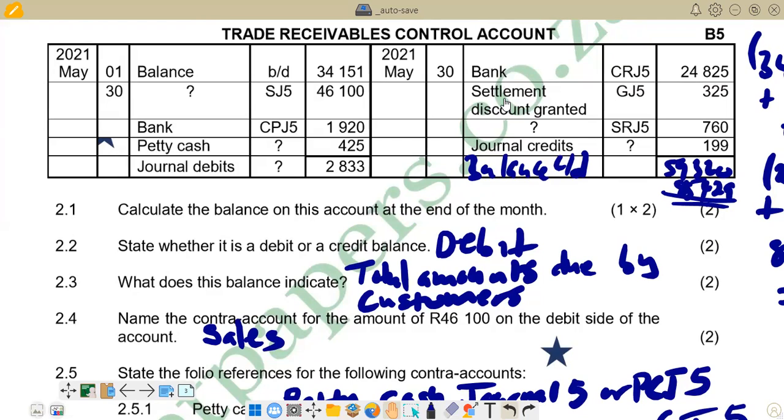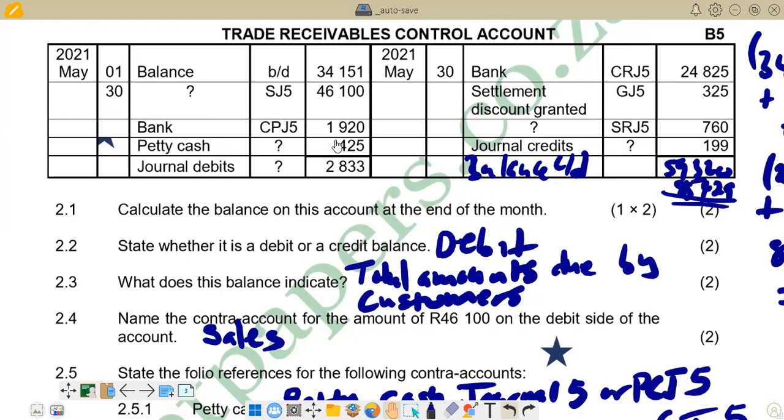Then when it's dishonored, we enter it on the debit side to reinstate the amount that we had written off here as paid. So we are returning the amount here to say it's still owing. The check wasn't processed. So this one is a dishonored check.